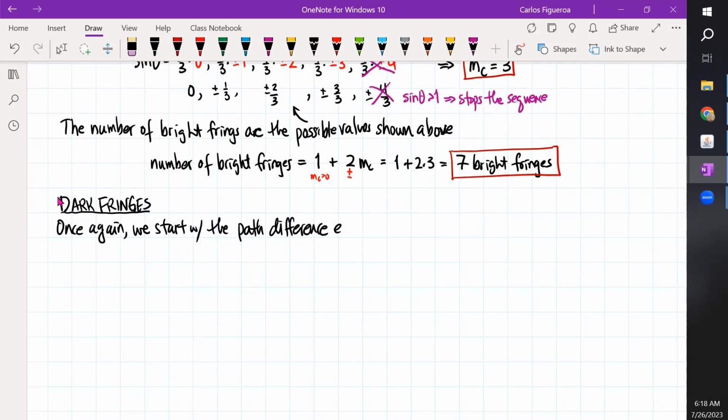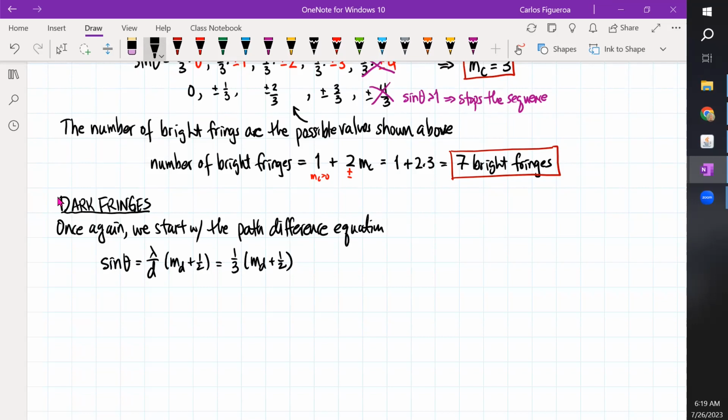And we follow the same process as we did with constructive. So what I'm seeing here is that sine of theta is going to be lambda over d times md plus 1/2. And we know that this will be 1/3 times the quantity md plus 1/2.